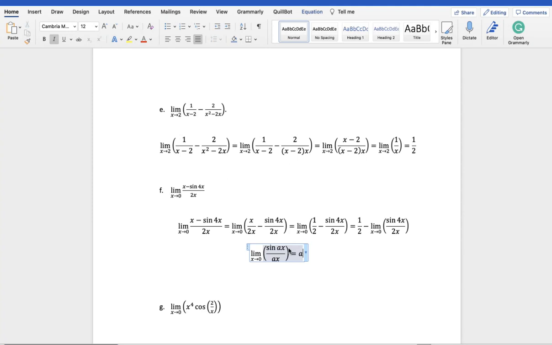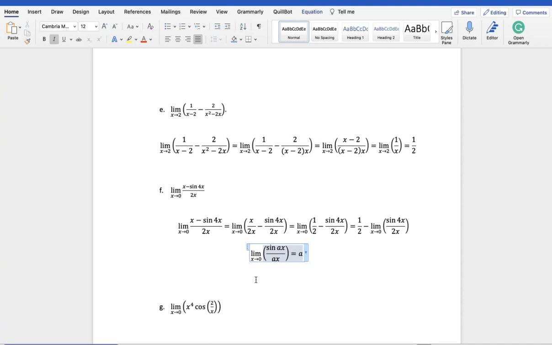Now a can be anything. A can be a positive or a negative value, but in most cases, it's a positive value.